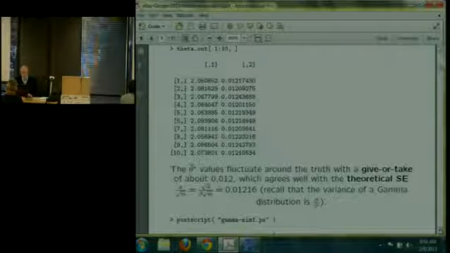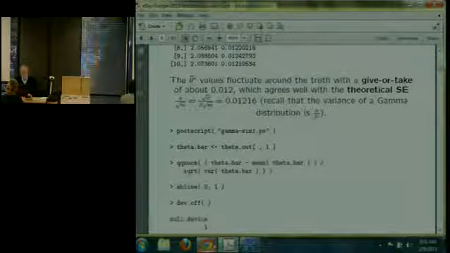So let's try. I'll go back and again grab the code and have a go. So I generate something called truth, which is alpha divided by beta. Then I grab the standard errors out of that second column of the theta.out matrix and put them in the place called theta bar star. I remind myself that the 0.025 quantile of the standard normal is about minus 1.96. And so then I do something a little complicated.